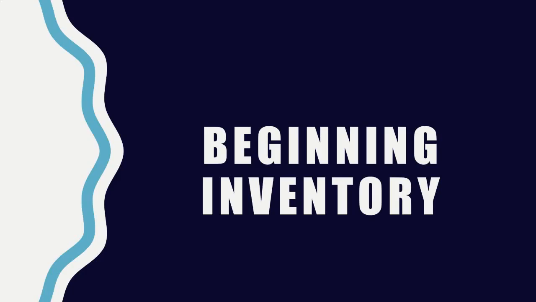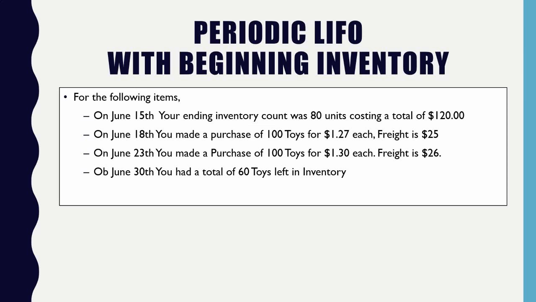Now we're going to talk about beginning inventory. From that previous scenario, on June 15, we had a total of 80 toys left on hand. This time it totaled $120, because each cost per item was $1.50.